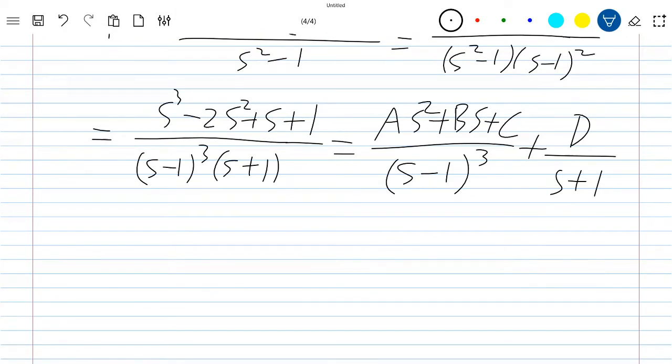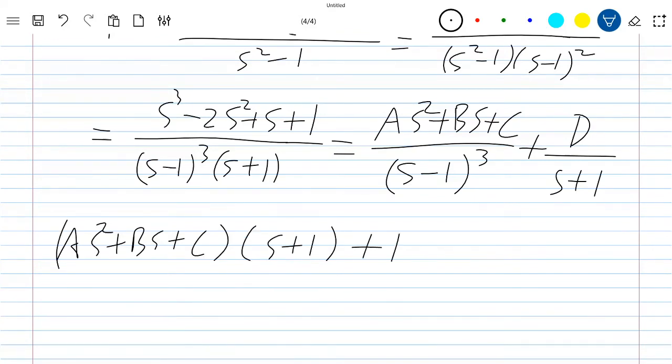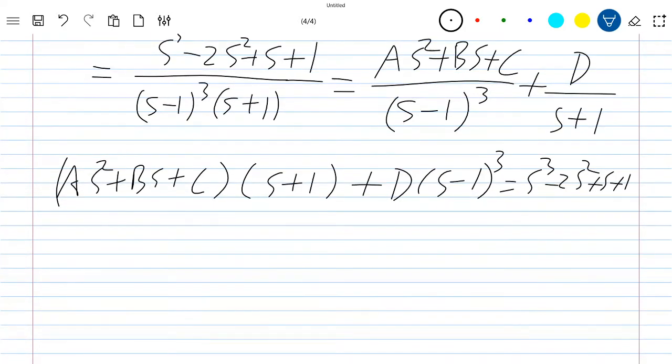Okay. So you have (as squared plus bs plus c) times (s plus 1) plus d(s minus 1) cubed equals s cubed minus 2s squared plus s plus 1. Alright, so let's expand the left hand side.